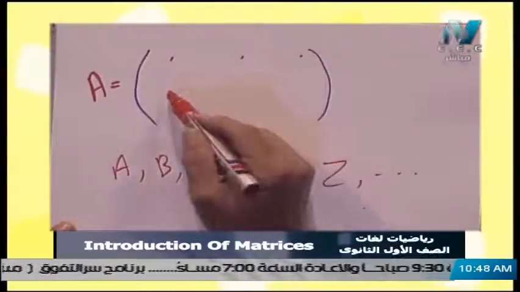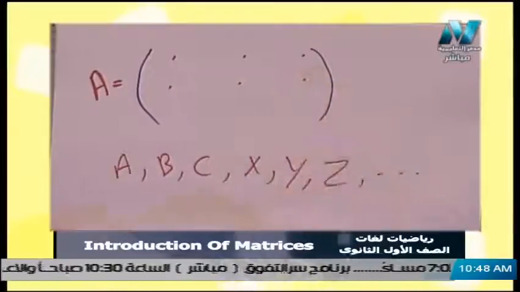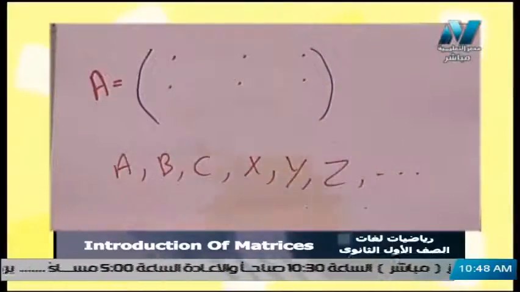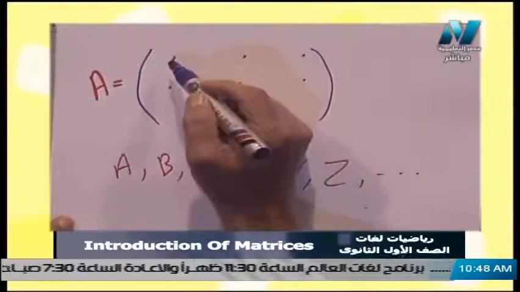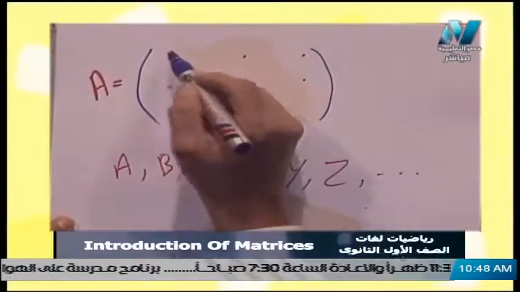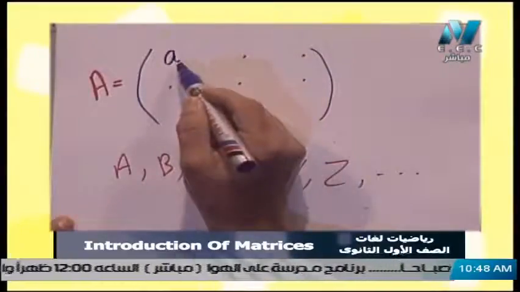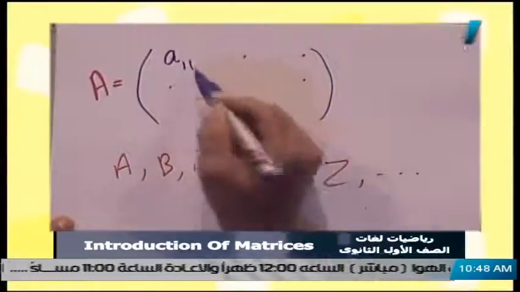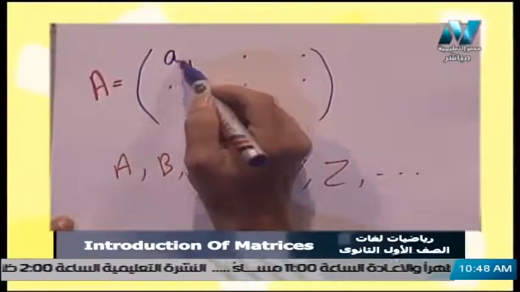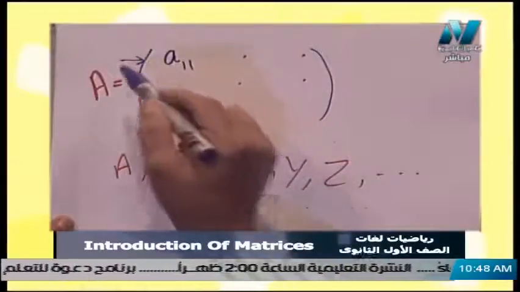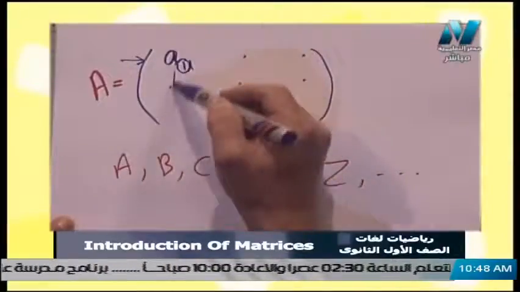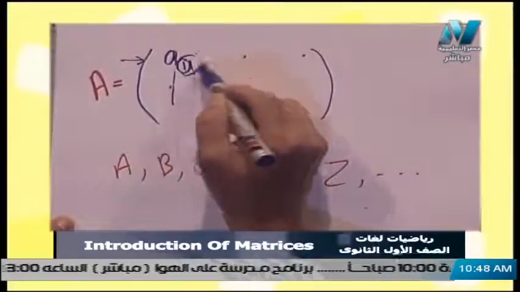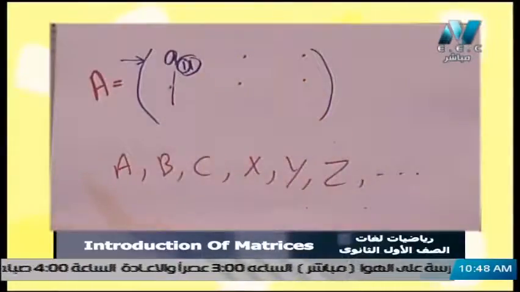But the elements here we express using small letters. Okay? If we have a capital A for this matrix, then we have elements here. This element here we can say is small a, 1, 1. Why 1, 1? Here this element lies inside the first row, so we have 1. And it lies also in the first column, so we have another 1. So we write it as a11.